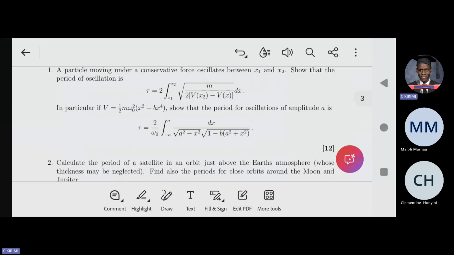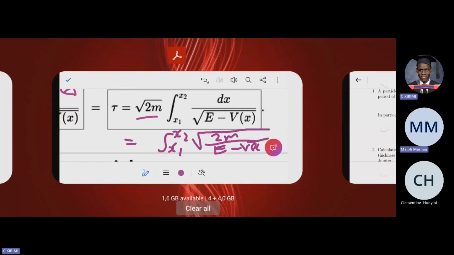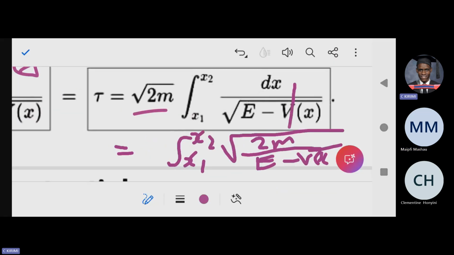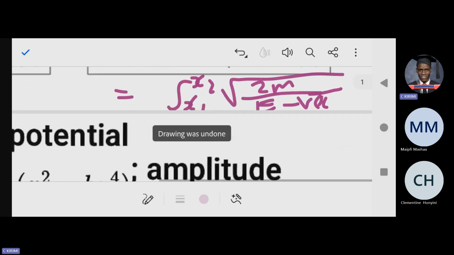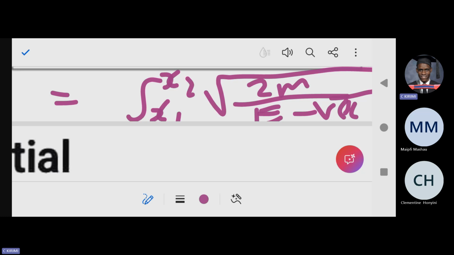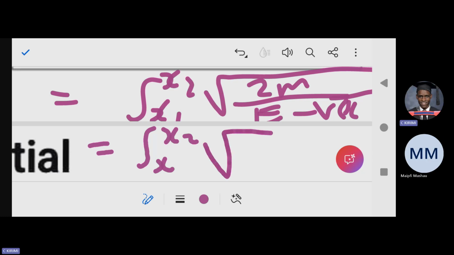So I want it to look like the one which they are having. What operation am I going to make that will make me have that? Which means I multiply both numerator and denominator by 2. Once you are here, you multiply both the numerator and the denominator by 2, which is the same as saying the integral from x1 to x2 under the square root sign.